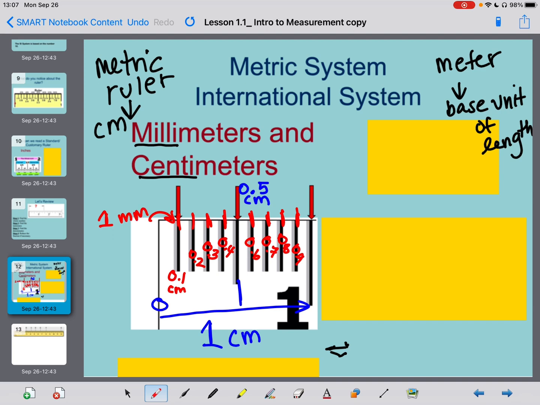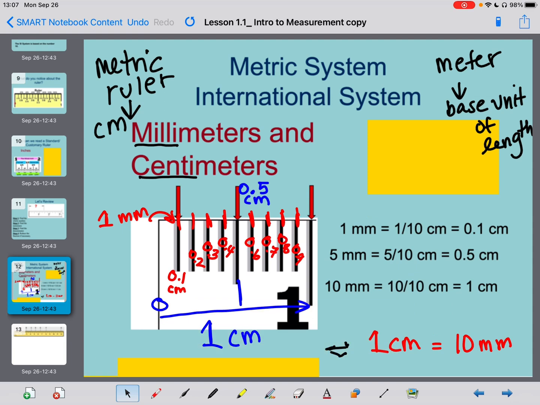But if you look at this piece of the ruler, we're saying that in 1 centimeter, we actually have 10 millimeters, okay? So we can actually count those little lines, and we would notice that there are 10 little notches. Those little notches represent our millimeters, and there are 10 of them in exactly 1 centimeter, okay? Also here, as you can see, we do have the fractions.